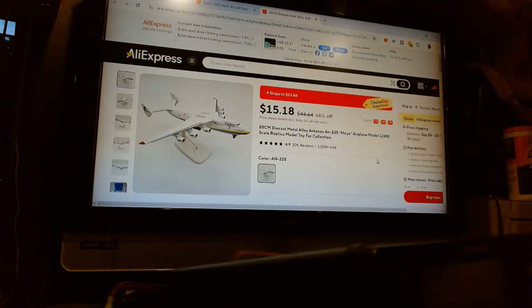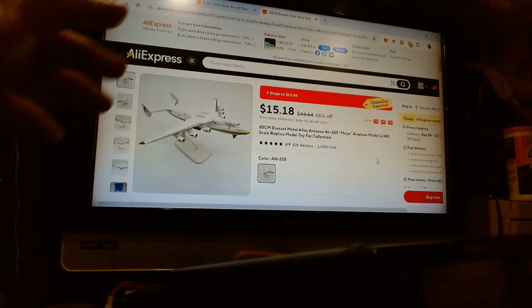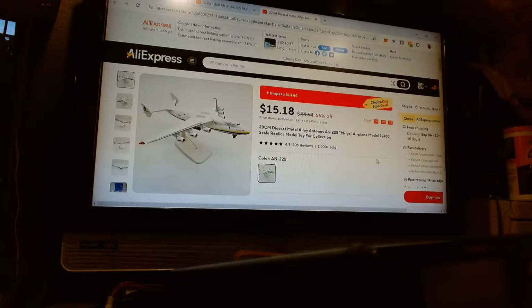After the Soviet Union dissolved, I'm trying to remember what year, maybe 1990 or so, Ukraine became its own sovereign nation again. This plane was flown on many humanitarian and cargo missions in general. And unfortunately, it was destroyed.